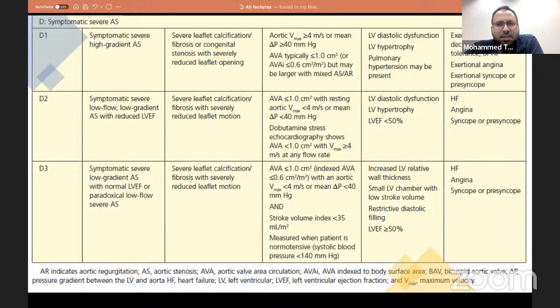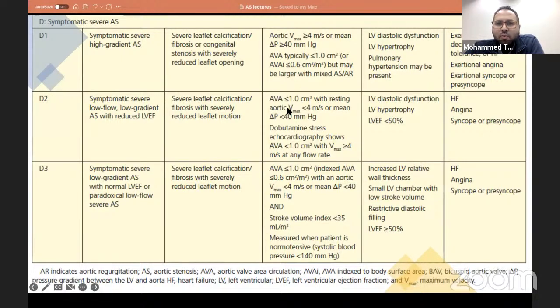Probably this needs a talk by itself, but just to summarize it quickly, patients with low flow, low gradient present with hemodynamic changes on the aortic valve that do not meet the severe aortic stenosis that we know about, but you still have high suspicion that those patients have aortic valve stenosis. So let's talk about the classical low flow, low gradient patients, which is D2.